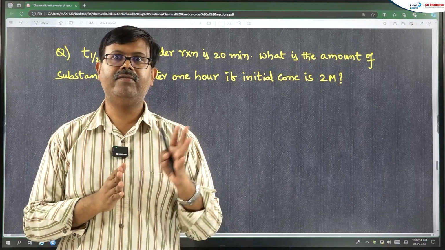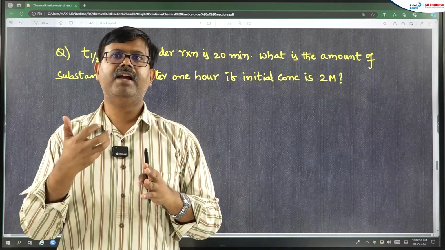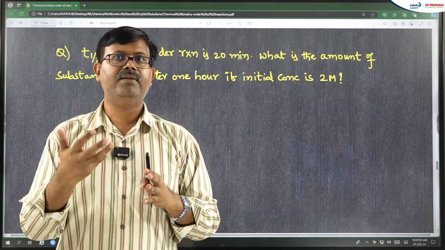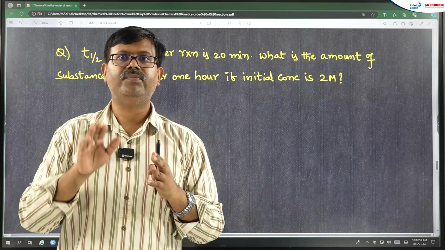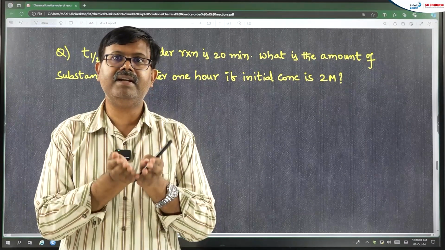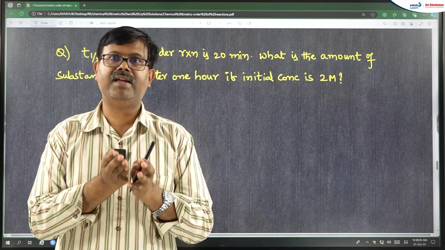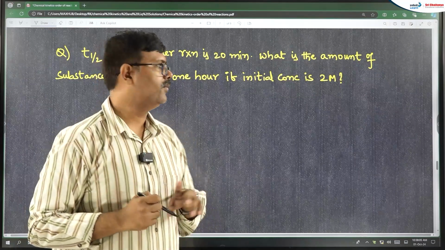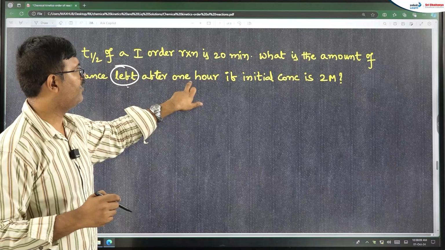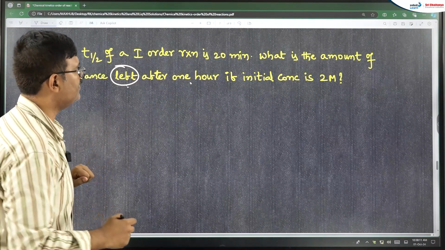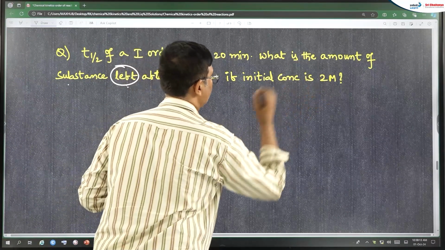But in case of a reaction, if they ask what is the amount of reactant left, it is not the reactant consumed in the reaction. It is the reactant present, remaining after the reaction. Keep that in mind. So they are asking about the substance remaining after 1 hour of reaction, if the initial concentration is 2 molarity.